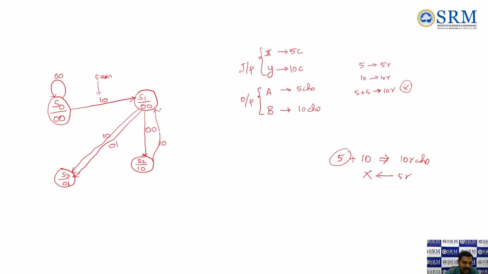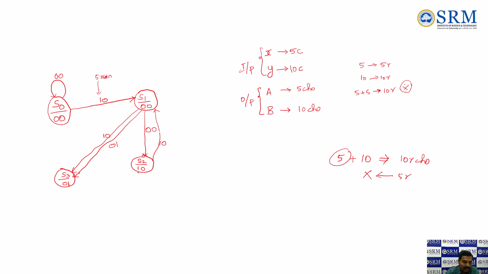At this state, if I'm inserting a 5 rupee coin the second time, then it will dispense the 10 rupee chocolate. After inserting one 5 rupee coin, it moves to the S1 state. Then at this state, if I'm inserting a 10 rupee coin, the machine will dispense a 10 rupee chocolate, right?